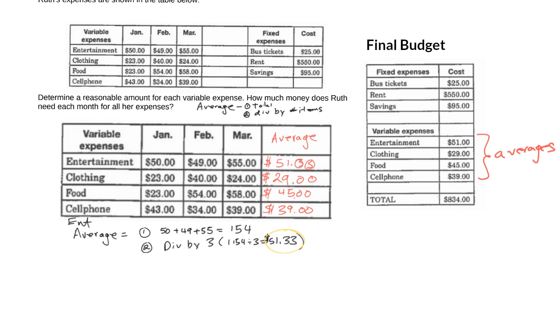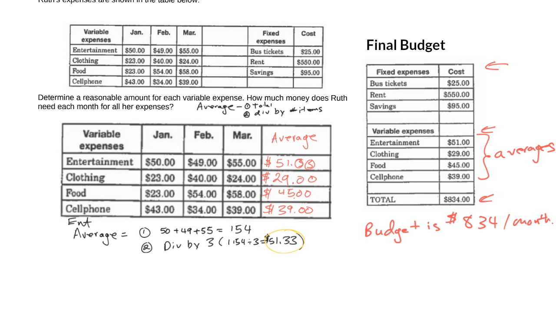What we're going to do is total our fixed expenses with our variable expenses to get our total amount for the budget. In this case, the budget is $834 a month. All right, and there we go.